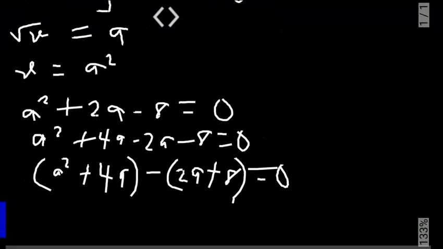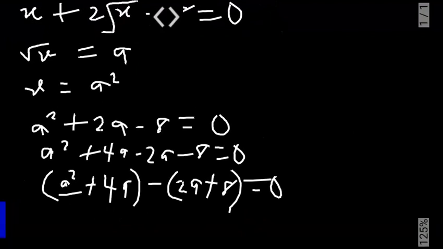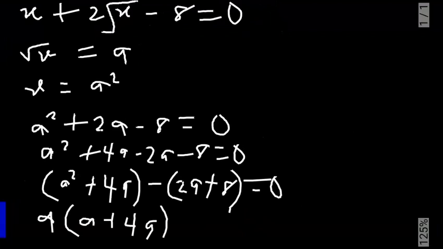Let's look for common factors. Here a is a common factor, because we have a squared and a once here. So a is a common factor between both of them. We have a plus 4. If you open this, a multiplied by a is a squared, and a multiplied by 4 is 4a.